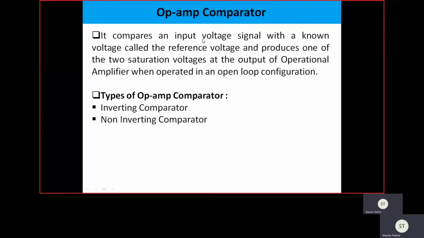This operational amplifier comparator is comparing the input analog signal, that is the input voltage signal, with a non-varying voltage signal that is considered as the reference voltage, and on the output the comparison decision is produced in terms of two saturation voltages, either plus V saturation or minus V saturation, under the open loop configuration. We can have two types of operational amplifier comparator. One is called the inverting comparator and the second is called the non-inverting comparator.